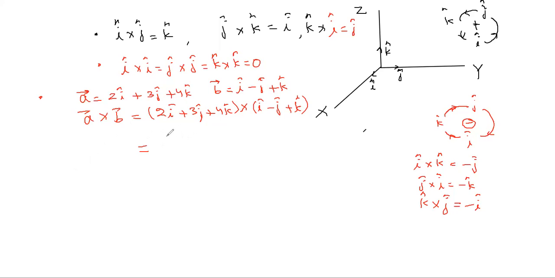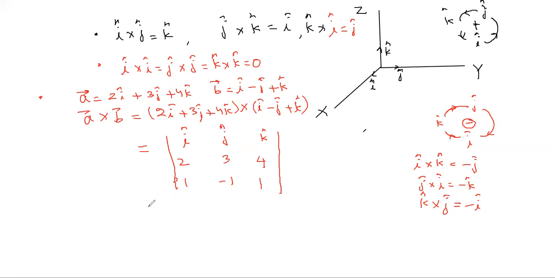We make the determinant, and the first row will be i, j and k. Then we take the first vector A and write the coefficients of i, j, k: 2, 3, 4, and for the second vector 1, minus 1 and 1.